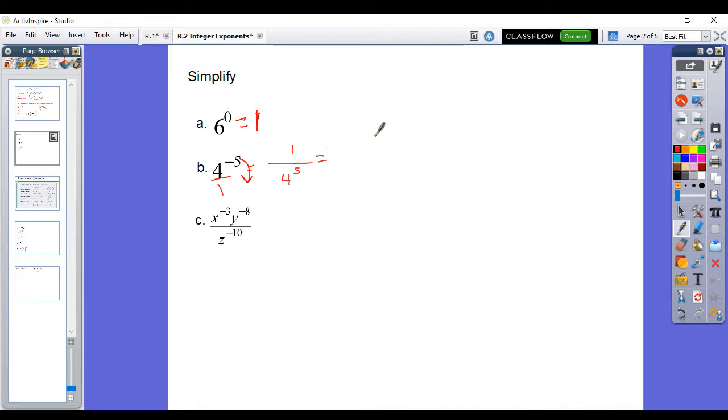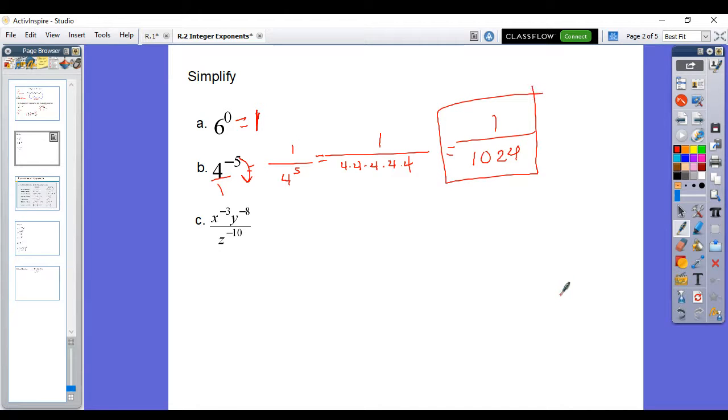If I break this apart, it's 4 times 4 times 4 times 4 times 4. So let's see what that is. If you take 4 times 4 times 4 times 4 times 4, you get 1024. This is our final answer here.